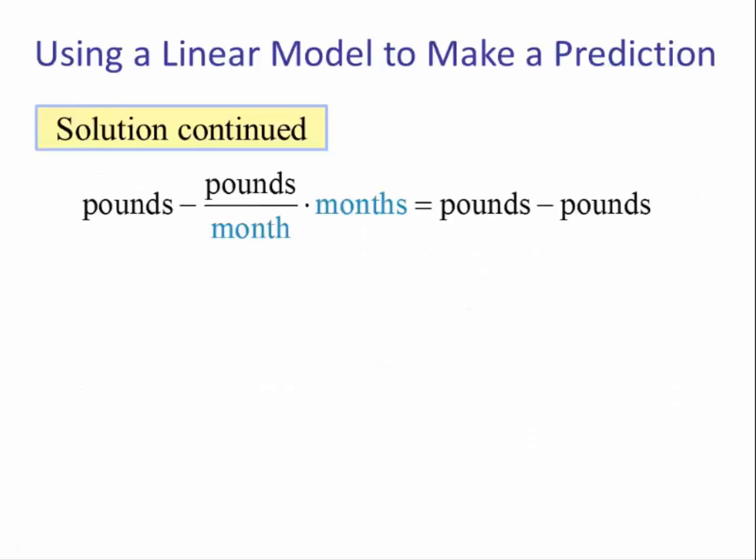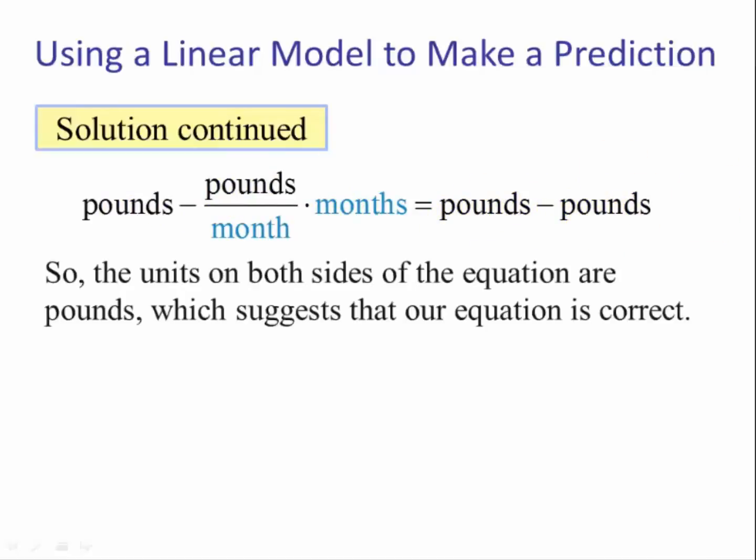So what we have on the right side of the equation is pounds minus pounds over months times months. So these cancel. So we have pounds minus pounds. Pounds minus pounds, of course, is pounds. So on the left hand side we have pounds. On the right hand side we have pounds. So both the units are the same, and this gives evidence that our equation is correct.